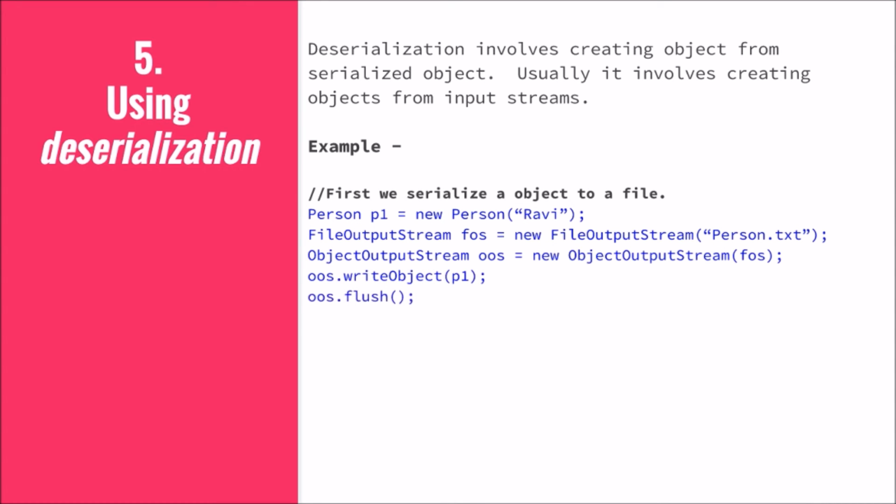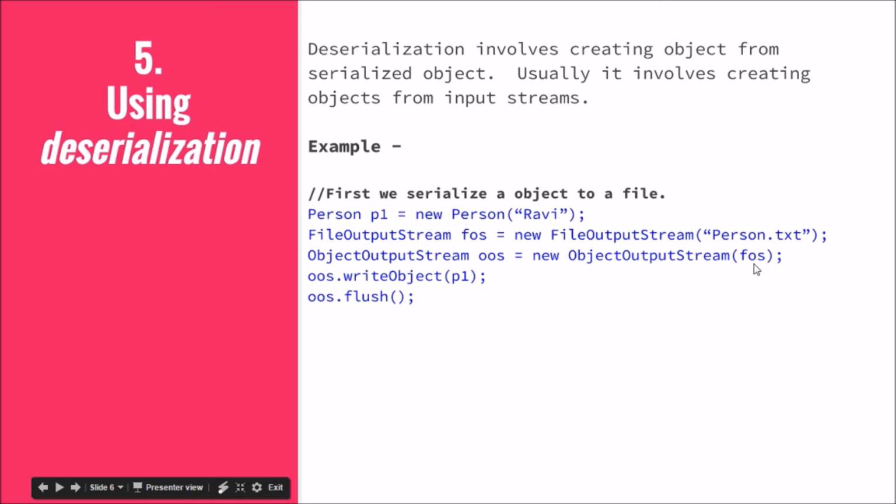So what we are doing is we are first serializing an object to a file. I'm saying that this is a Person and I'm initializing it with the name Ravi. Now I'm creating a FileOutputStream for person.txt. That means this object will be stored in a file called person.txt. Then I create an ObjectOutputStream and use this variable as an input to this ObjectOutputStream.